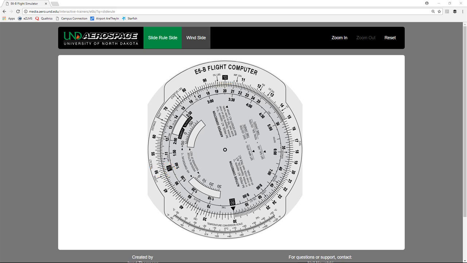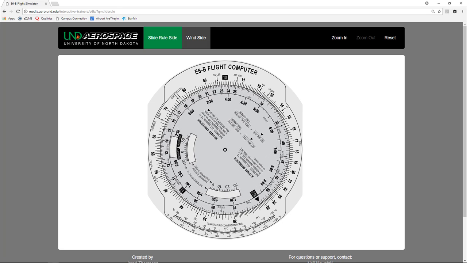Let's try another example. So in this example, we will say 12 divided by 3. So 12 would be our numerator, so that would be on the A scale, on the outer scale, and 3 would be our denominator on the B scale. So I found 12 on the A scale, and I have found 30 on the B scale, which I will use as a number 3.